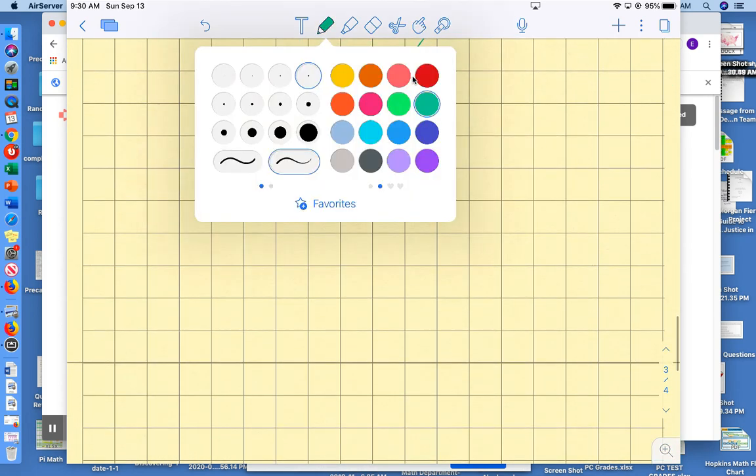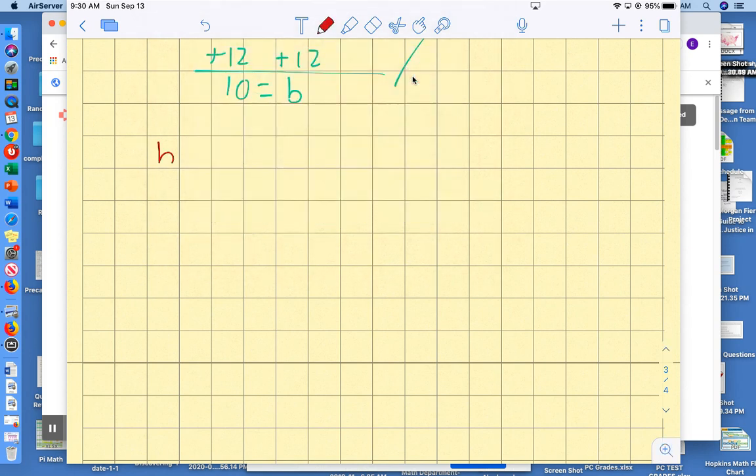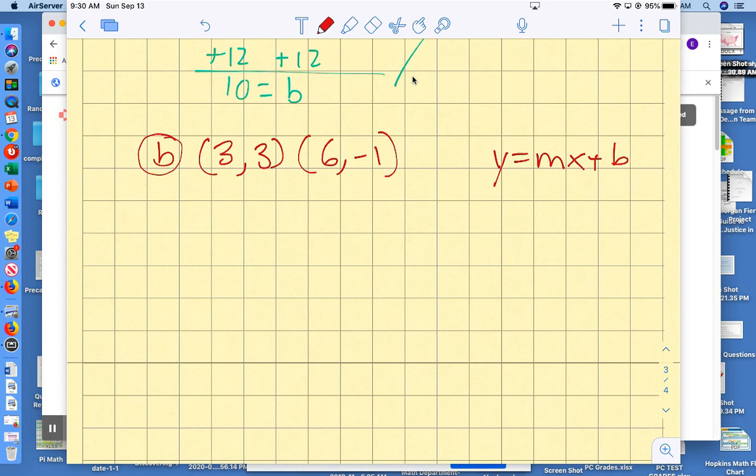So let's take a look at another one here. Our second one, let's say I give you two coordinates: (3, 3) and (6, -1). And I'm still saying write this in y equals mx plus b form. Well, we know how to get the slope now. Our slope is change in y over change in x.